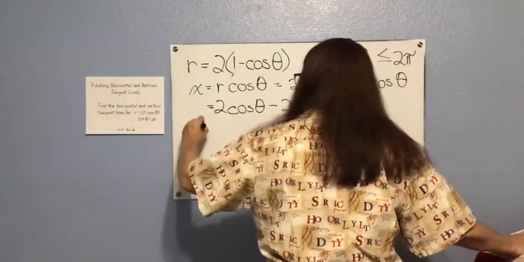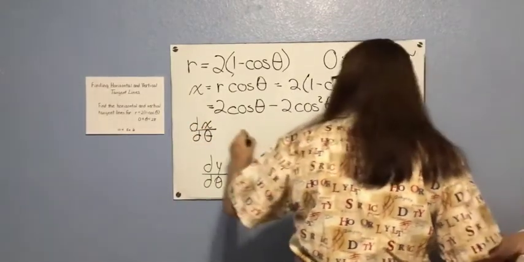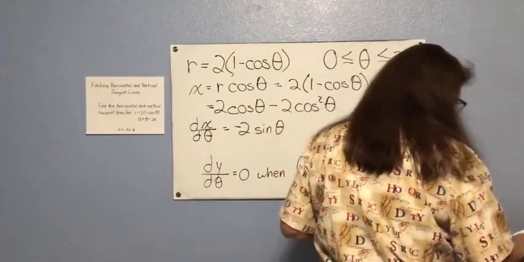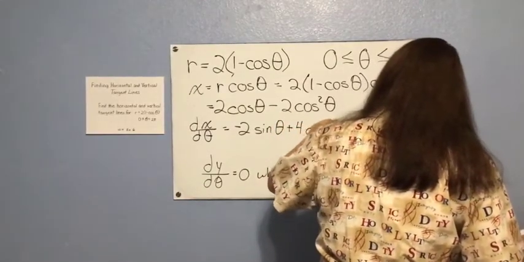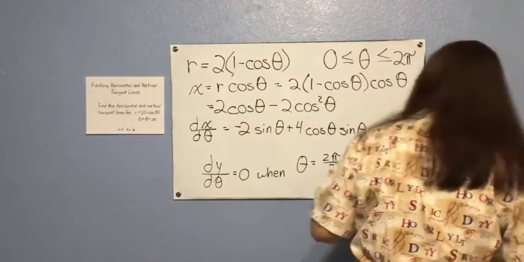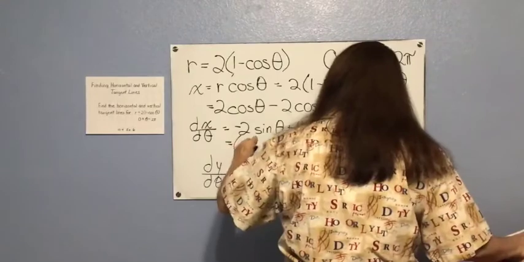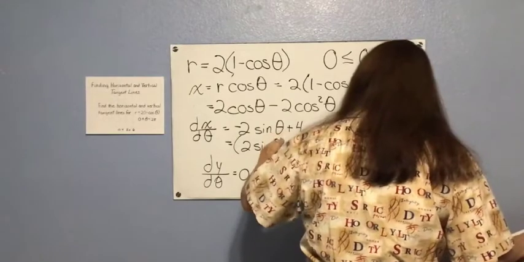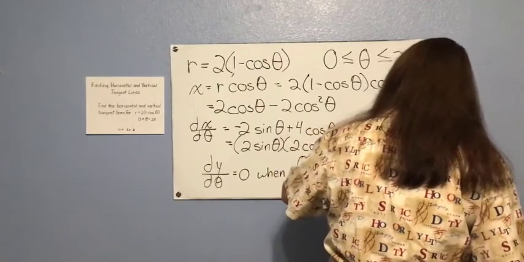And so dx d theta equals negative 2 sine theta plus 4 cosine theta sine theta, which is equal to 2 sine theta times 2 cosine theta minus 1.